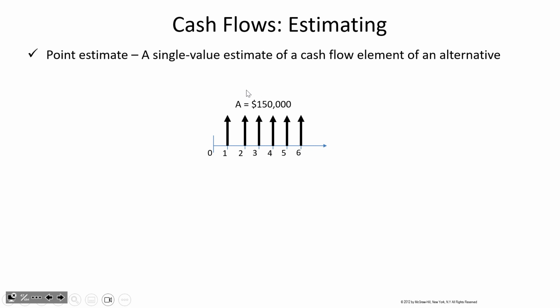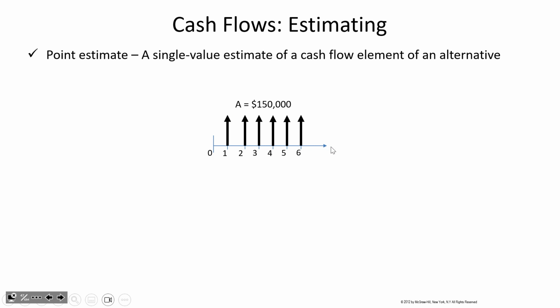There's a couple of things we should notice about this. All of the arrows are the same length. That's one indicator that the amounts are the same. And here, where it's saying A, we'll learn more about this in a future class meeting, but basically it means it's an annual series. And by definition, an annual series has the same amount repeating every time.